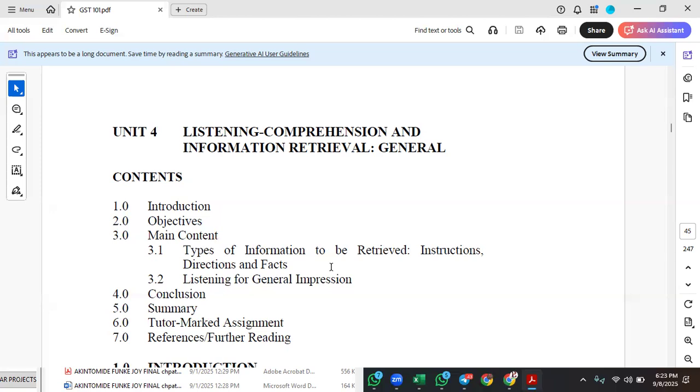So we'll be talking about instructions. Yes, I may need to retrieve an instruction given to me. Let's say you just came into town and you met a long time friend, an old flame, and the intention was to go to the person's house after eating in the eatery, and the person suddenly got an emergency call, so he would not be able to follow you to the house, and he now gives you instruction that when you get home, this my key is a remote key.